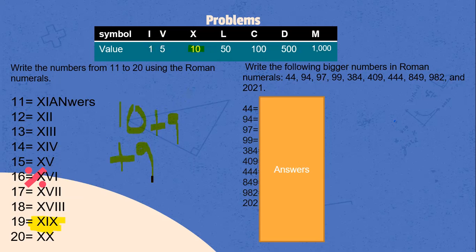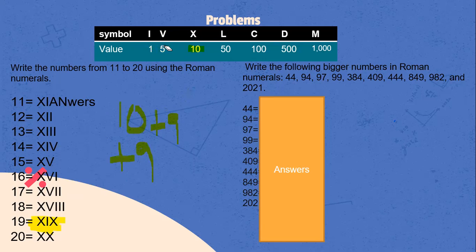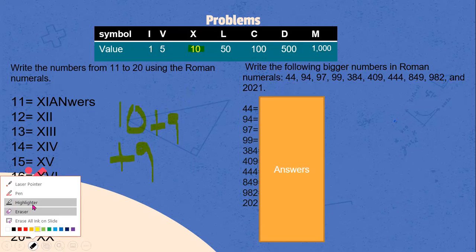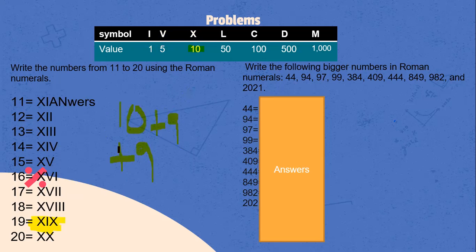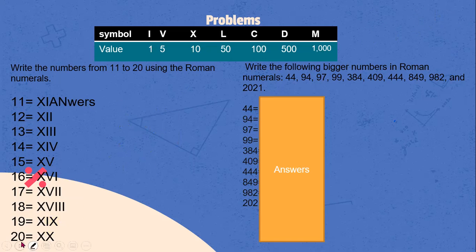So you wouldn't write V and then I 4 times. You would actually do X and then IX, because IX is 9. And then 20 is XX.